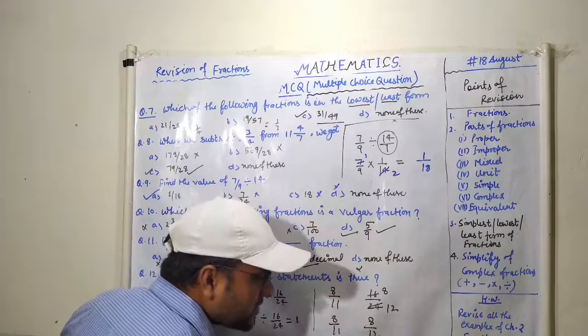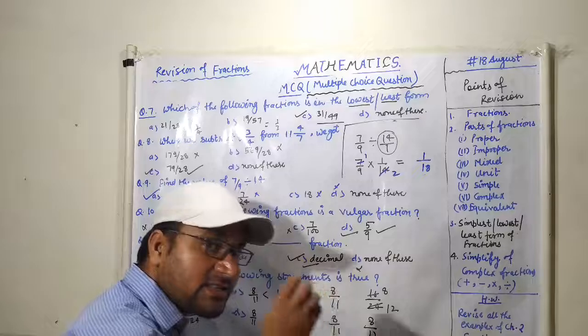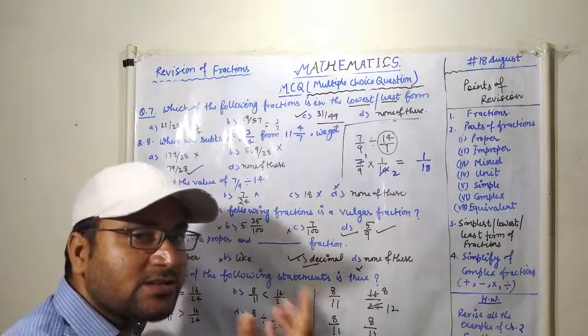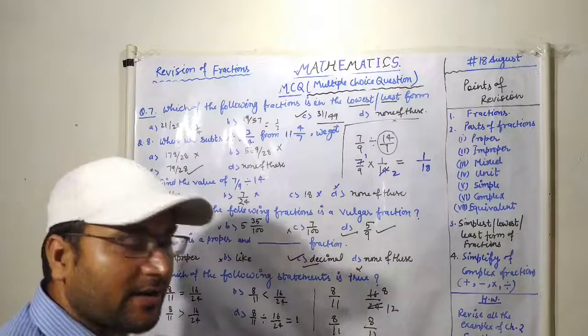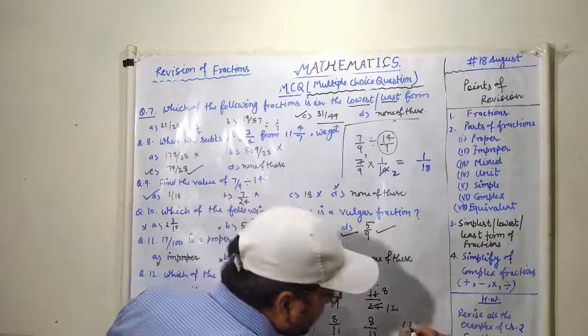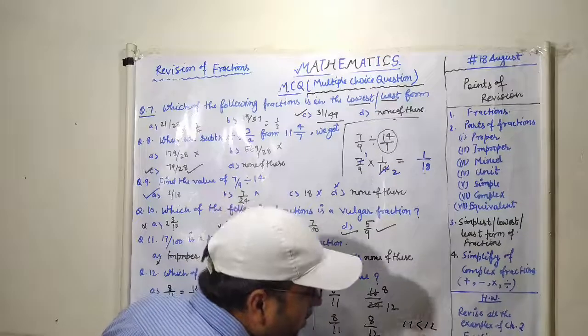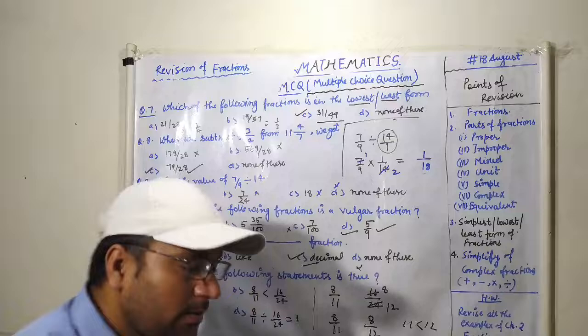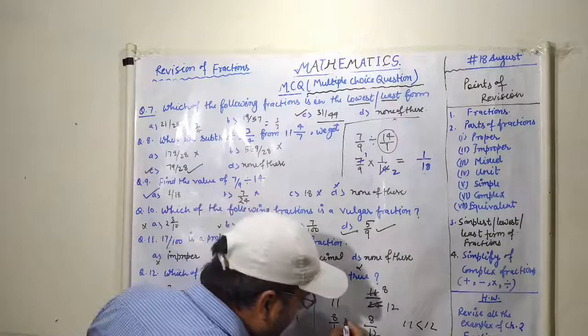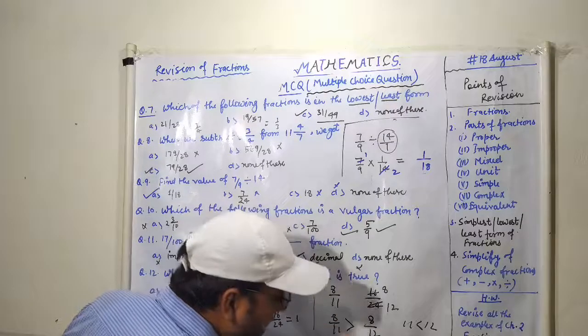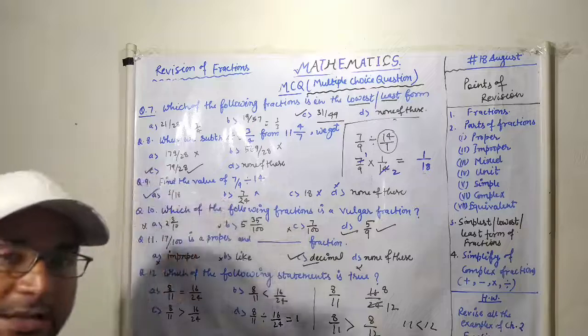Here is 11, here is 12. Whose denominator is smaller, that fraction is going to be greater. So 11 and 12, which one is smaller? 11 is smaller than 12. So 8 upon 11 is going to be greater than 8 upon 12.